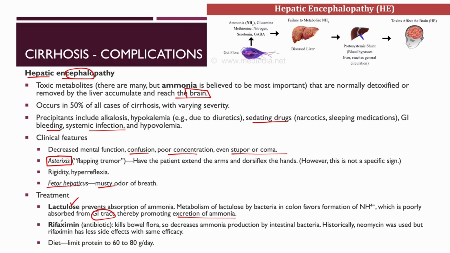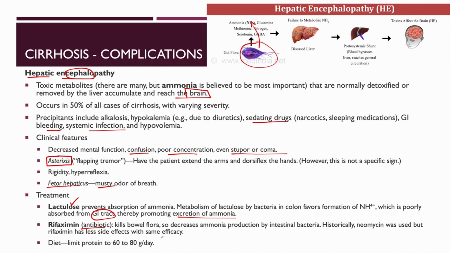Another treatment, the next step of treatment, is rifaximin, and that is an antibiotic that kills the bacteria, which are the responsible agents for producing the ammonia to begin with. So they kill that off, and that helps.